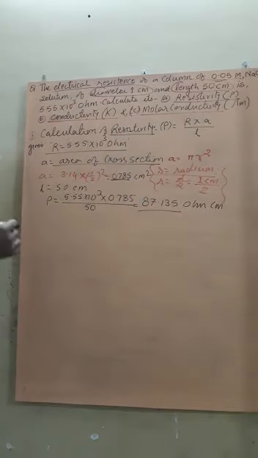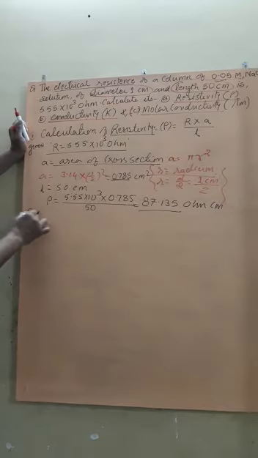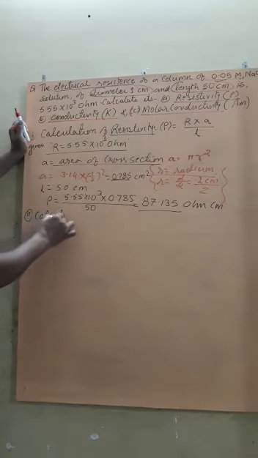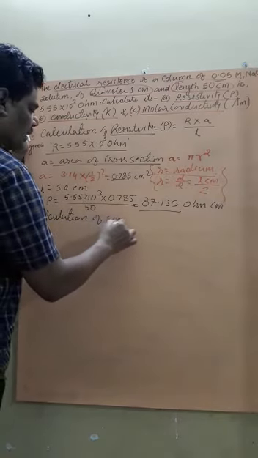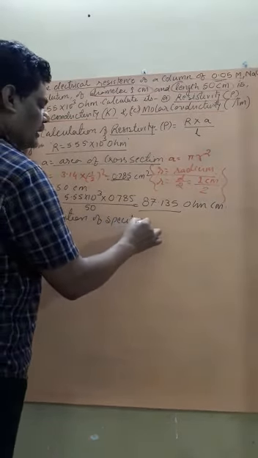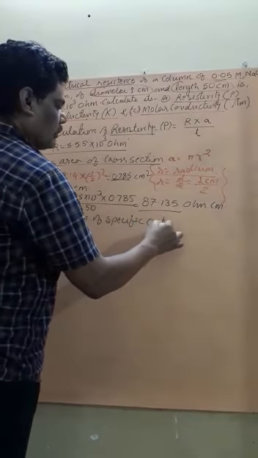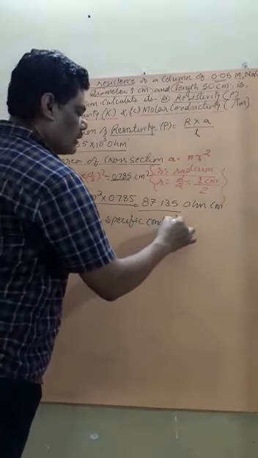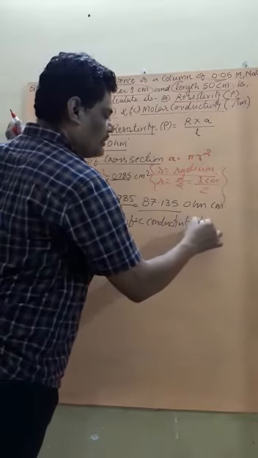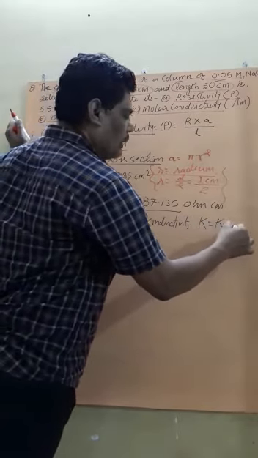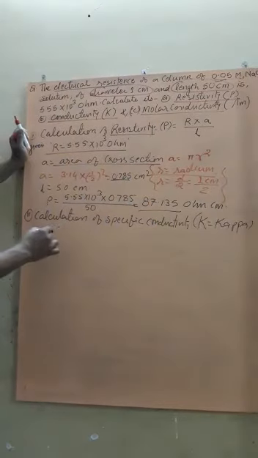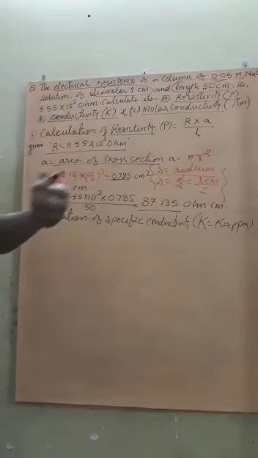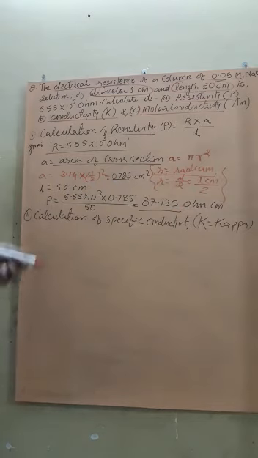Now calculation of conductivity. Next one, calculation of specific conductivity, or specific conductance, which we call K or kappa. What is the formula which we dealt with in the previous period about kappa?